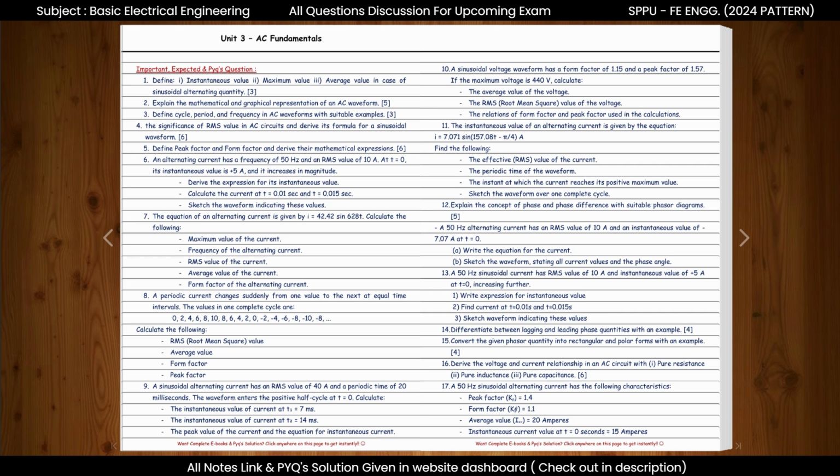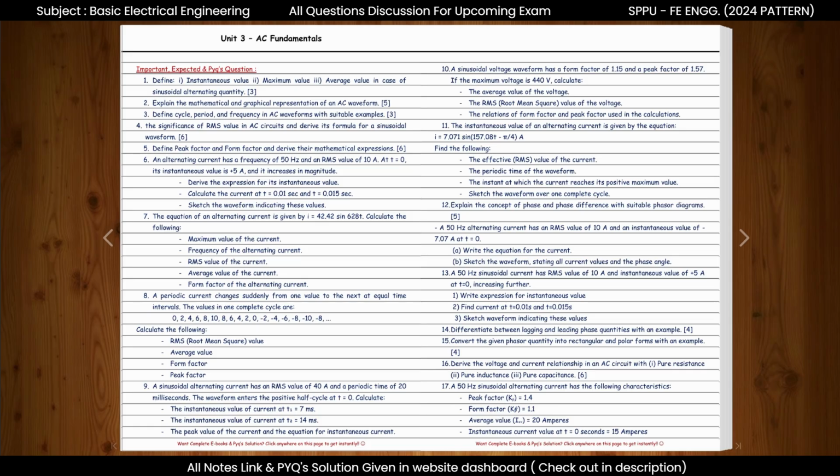From this topic, we can expect questions such as, an alternating current has a frequency of 50 Hz and an RMS value of 10 amperes. At time 0, its instantaneous value is plus 5 amperes and increases in magnitude. Derive the expression for its instantaneous value and calculate the current at 0.01 second and 0.015 second and sketch the waveform.